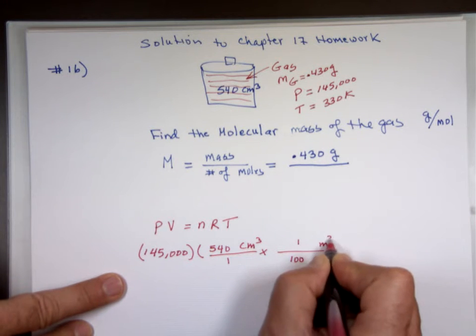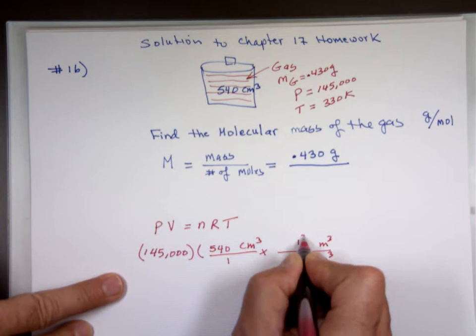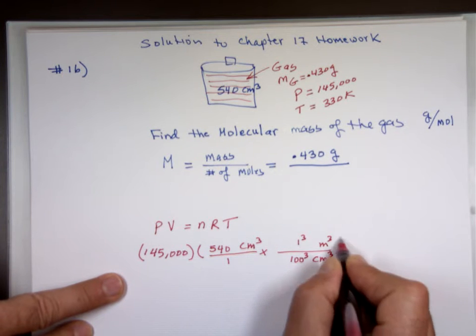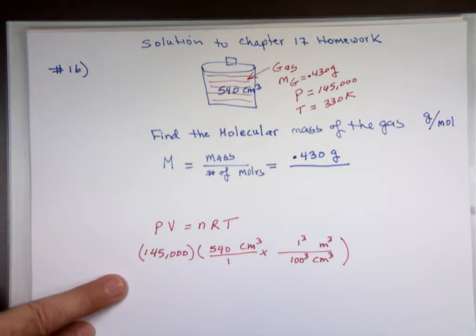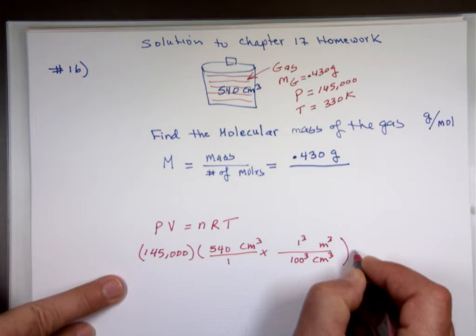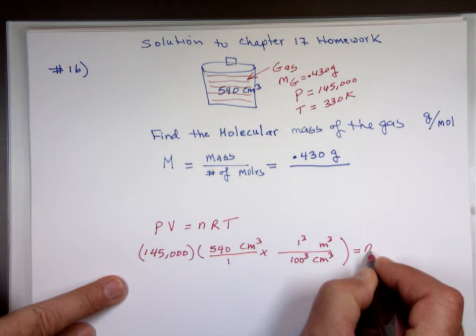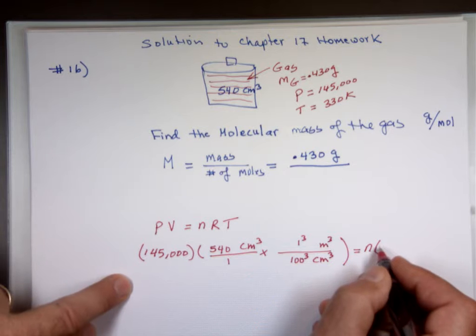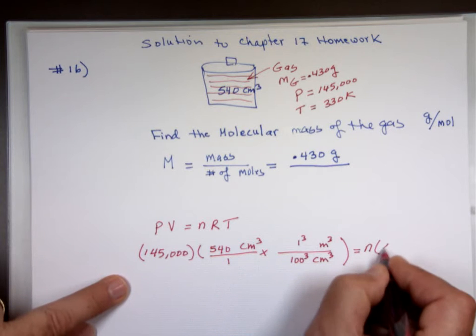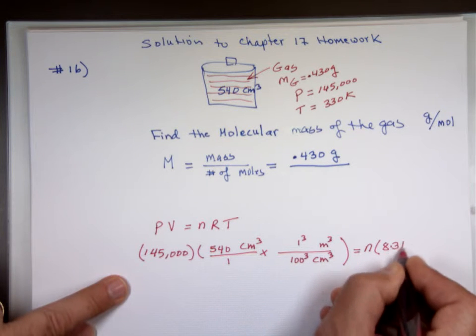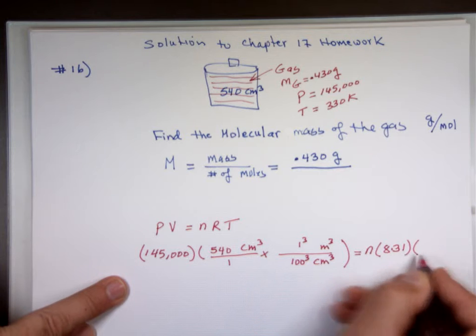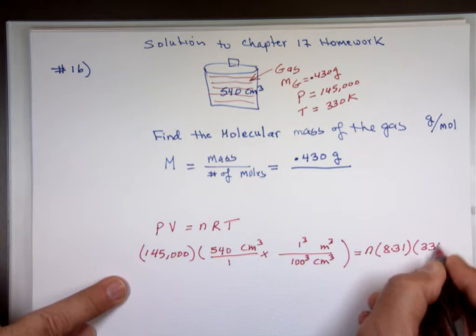But these are cubed, so you've got to cube each one of them. Equals n, and that's what we're looking for. R is a constant, 8.31, times the temperature, which is 330 Kelvin.